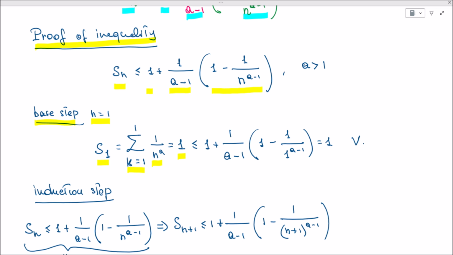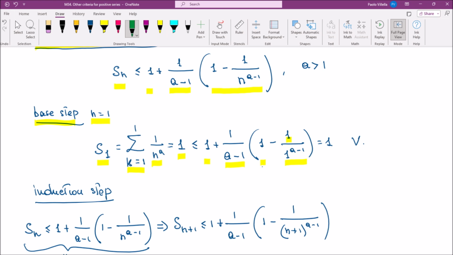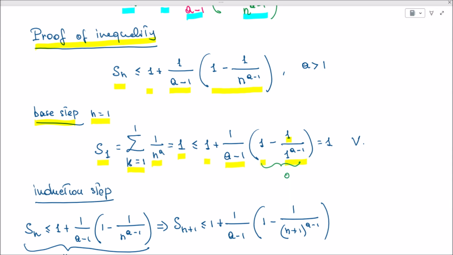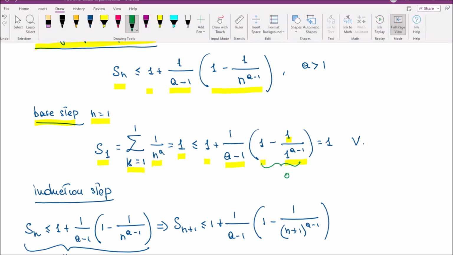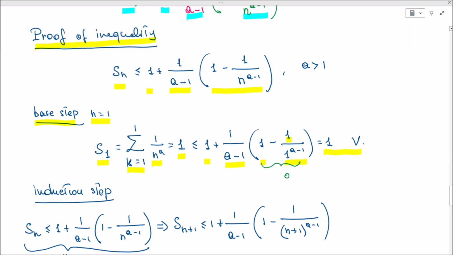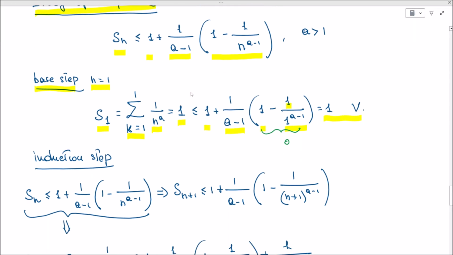And we need to prove that, if the inequality is true, this must be less than or equal to 1 plus 1 over a minus 1 times 1 minus 1 divided by 1 to the a minus 1, because remember we are replacing n with 1. But notice that this is simply 0, right? So we are just left with the 1 that proves that the base step is satisfied.